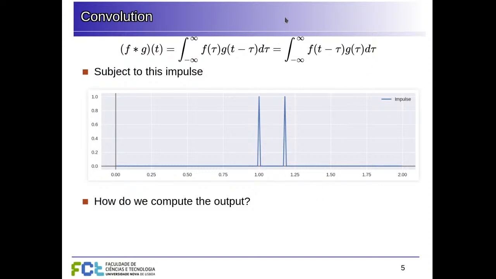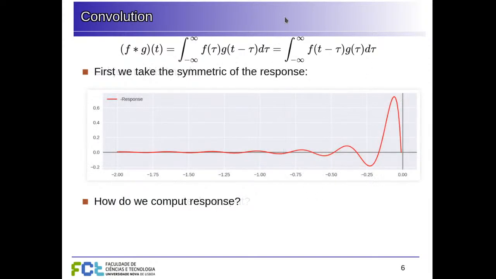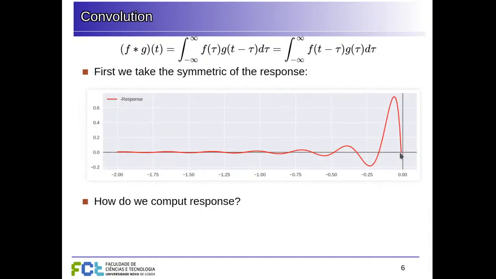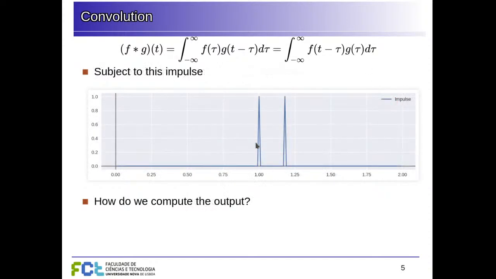We can use convolution to compute that by taking the symmetric of the response function. This is the same as what we had here, but we are inverting on the time axis. Now we compute the convolution between the symmetric of the response function and the function describing the two hammer strikes.